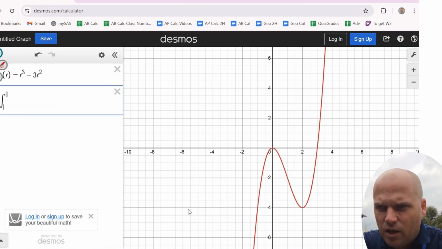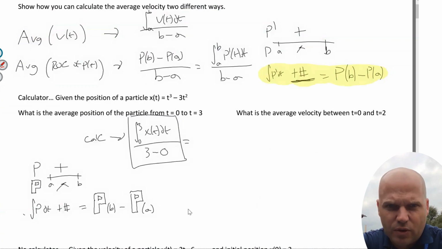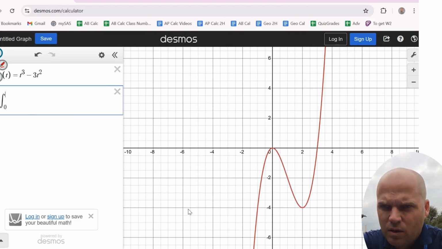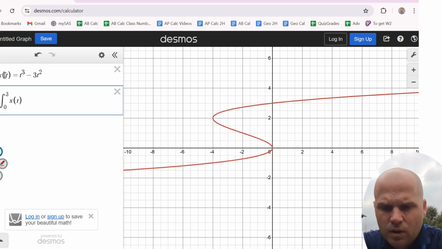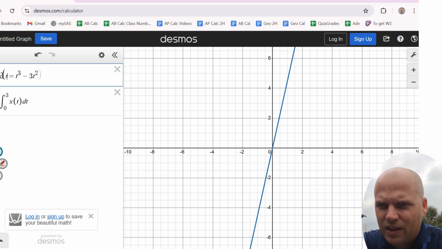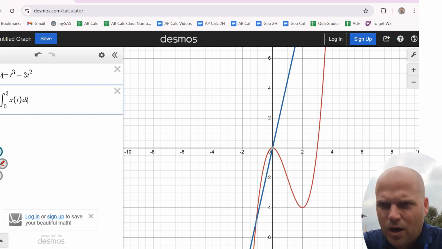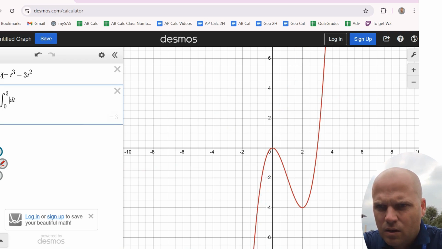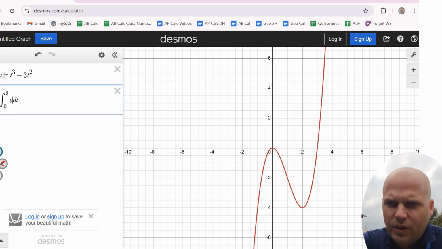If I accumulate my position from 0 to 3, if I get 0 again, I'm going to flip. So I should be typing in x of t. Oh, x of t is not something it likes. I'm going to say y. That's something to note.